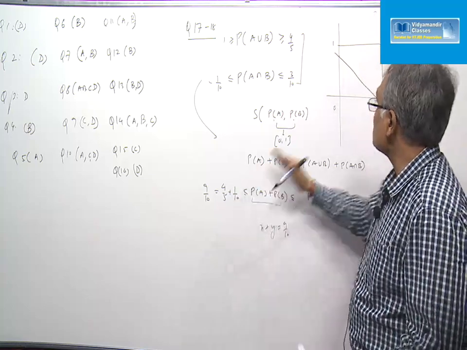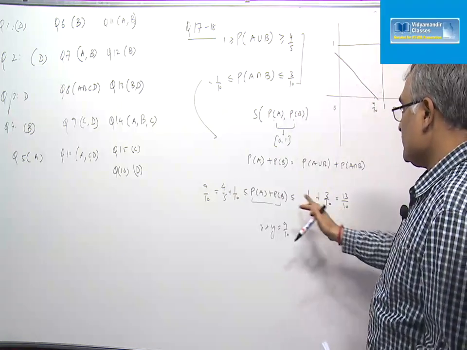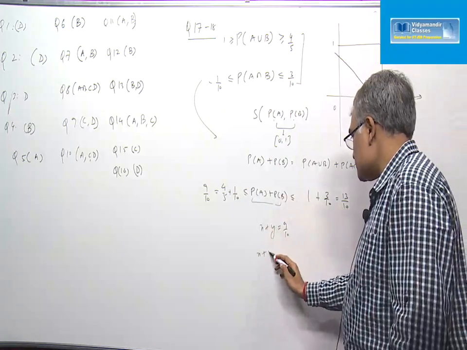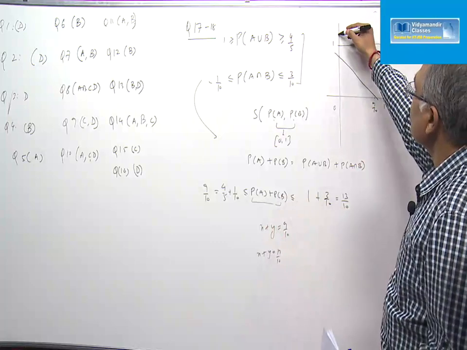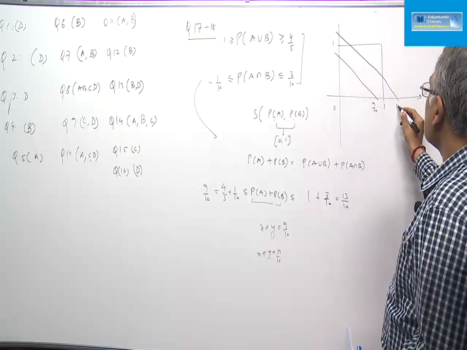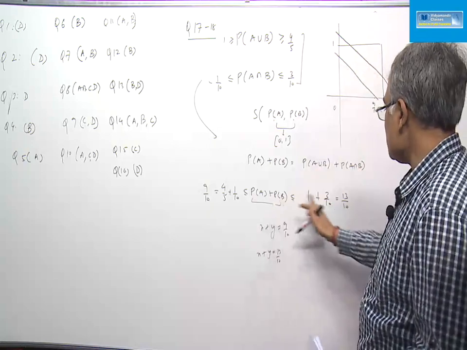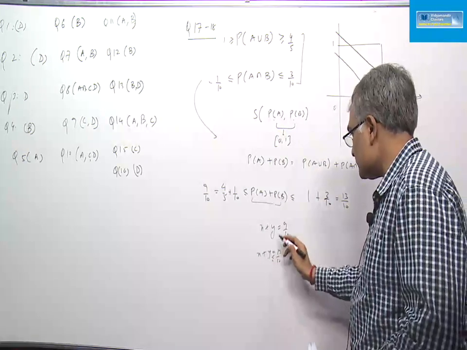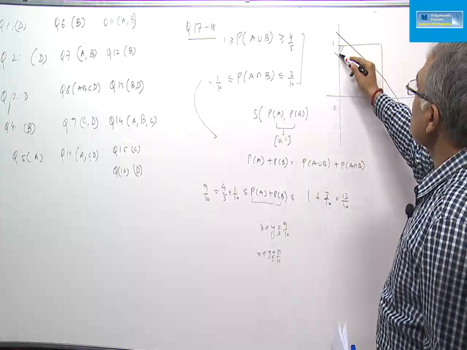And this is more than this, that is the area above this line. And in a similar manner, x plus y, when it is 13 by 10, 1.3, somewhere here, and x plus y is less than or equal to 13 by 10, that is the area less than this.